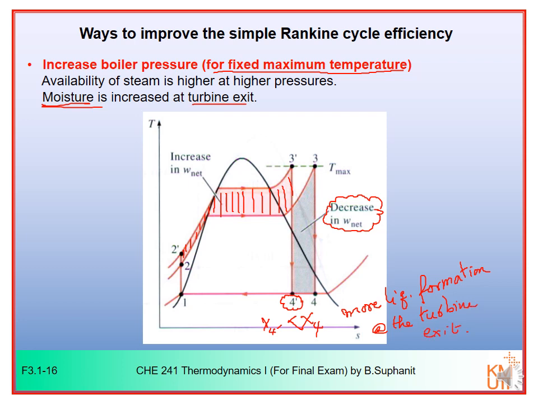Which is not good. So you can see that for this choice, if you increase only the boiler pressure while keeping the maximum temperature constant, it doesn't seem to be a very good idea. You cannot evaluate whether you have better benefit from the increased area or not, because you have more area on the pink zone here and you have less area on the gray zone here.